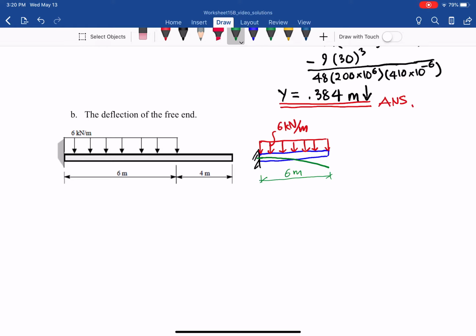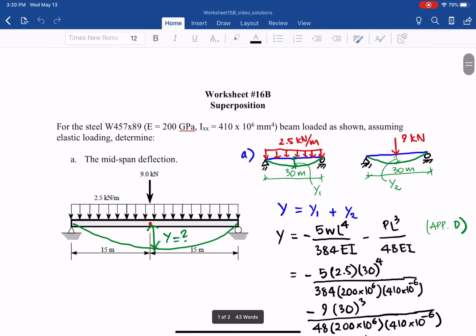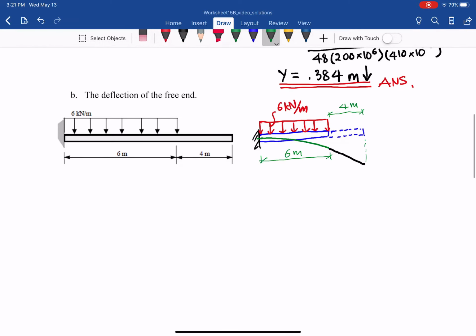What happens if we attach another 4 meter onto this beam, as in the given problem? If we attach another 4 meter to the 6 meter cantilever with no load applied, then the second component just goes straight. I exaggerate it a bit, but it's straight.